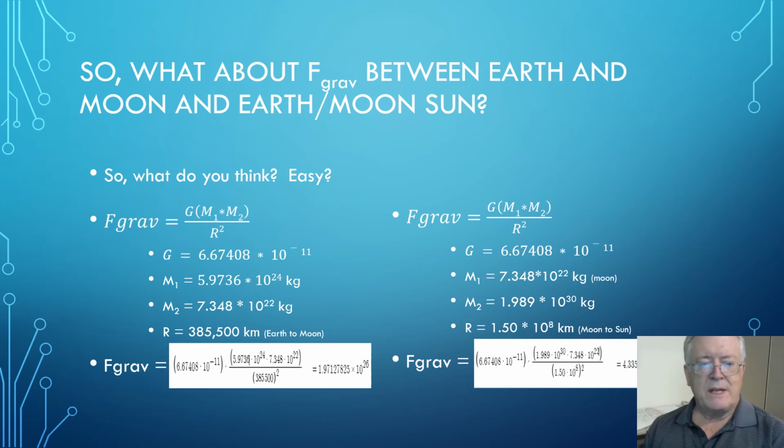So there you can see a comparison between the gravity between the Earth and the Moon, and between the Moon and the Sun. There you have it. I was really excited about that one.